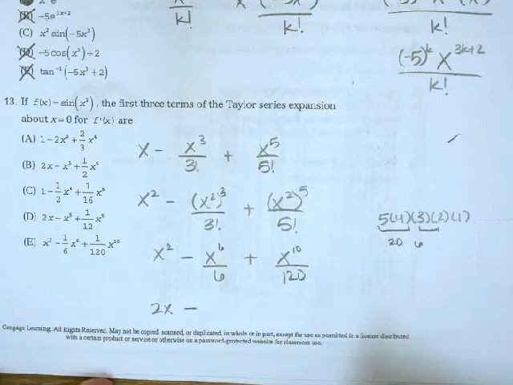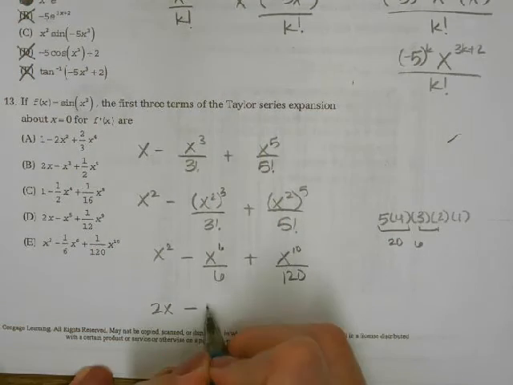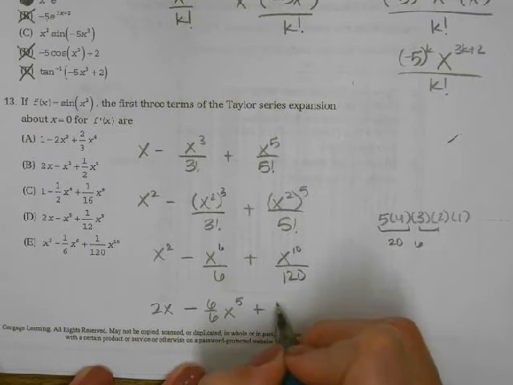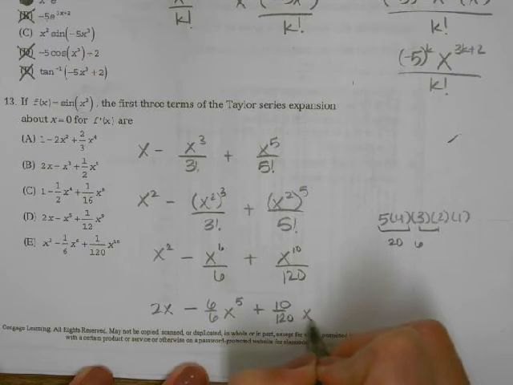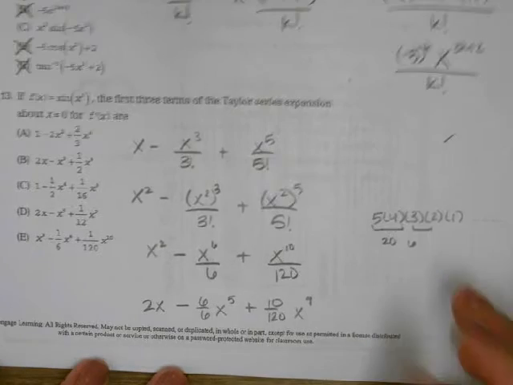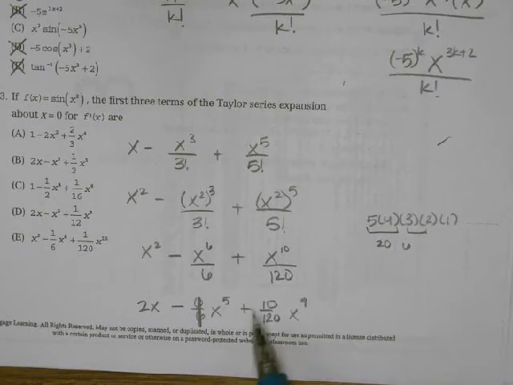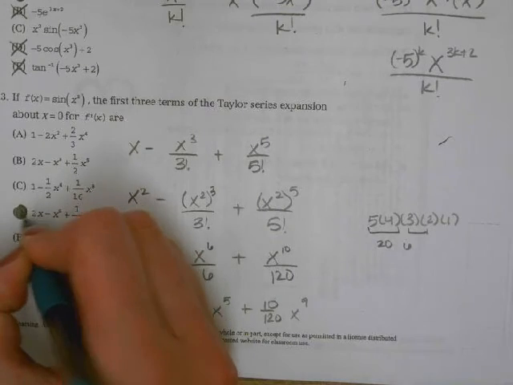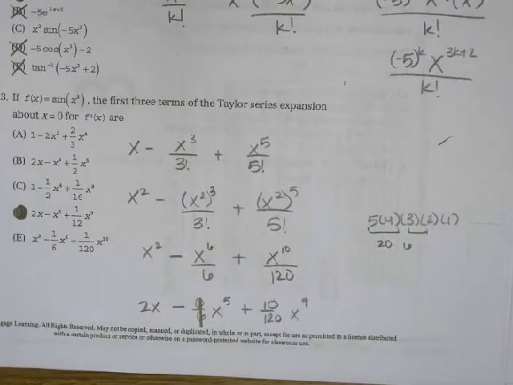I was getting ahead of myself. All right, so 6 over 6, x to the 5th. I was like, this isn't right. 10 over 120, x to the 9th. That's just 1/12. So it matches up with D. Sorry about the confusion there. My bad. Not redoing the video.